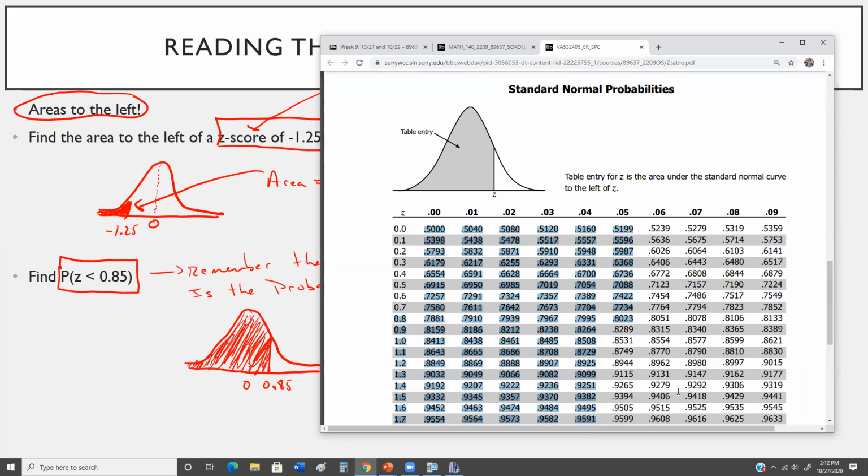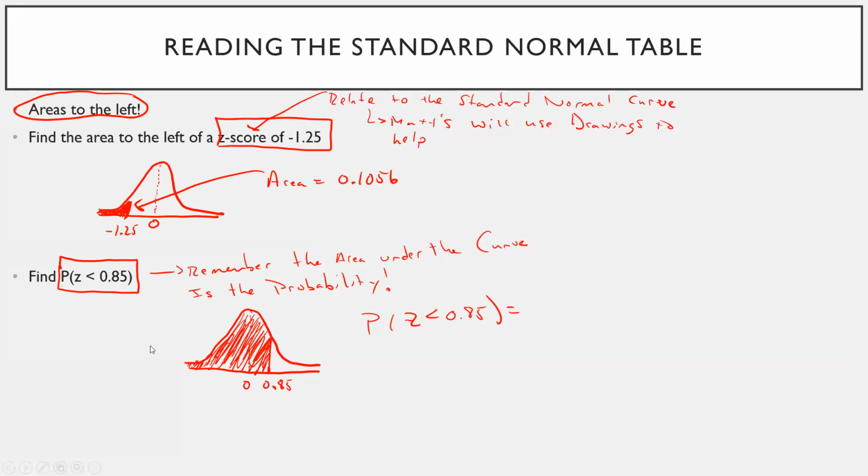It's 0.8023. And that's the area. Whenever you have a normal curve and you shade the area to the left, it's like a piece of cake. You just read it right off the table. Is reading the table pretty straightforward?